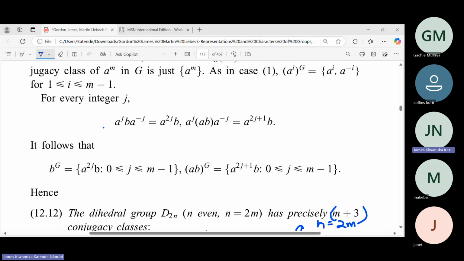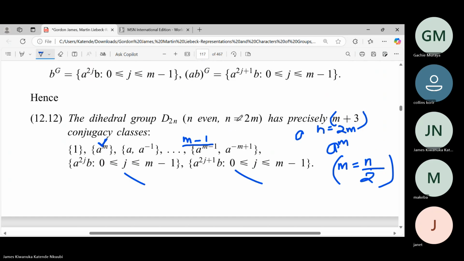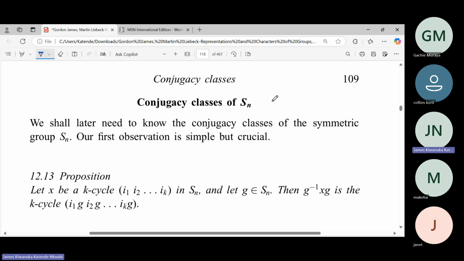So I think that establishes we've been able to find all the conjugacy classes of the dihedral group for both cases, when n is odd and when n is even. So then what's left is the conjugacy classes of Sn.